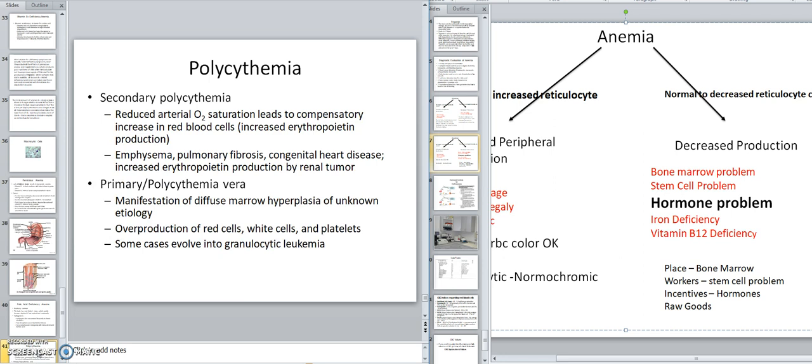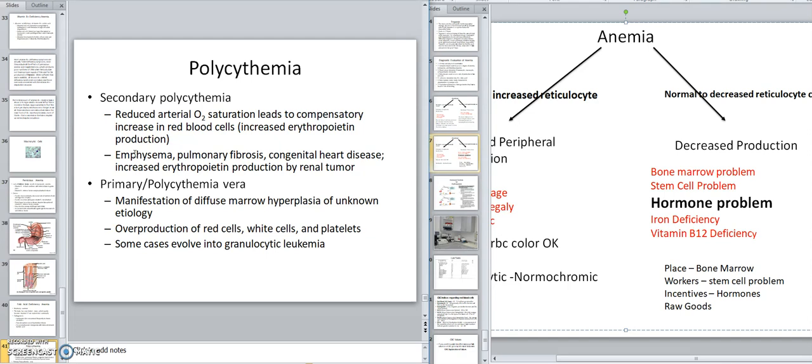Now, polycythemia, that's the exact opposite. That's where you have too many red blood cells. I really won't get into that. But the main problem with too many red blood cells is increased viscosity. And remember I said when blood gets viscous, it slows down, and when it slows down, it starts to clot.